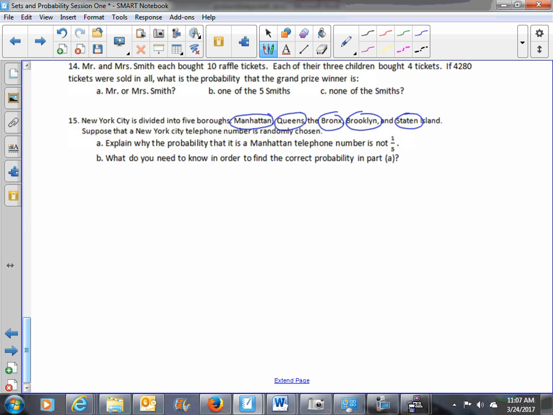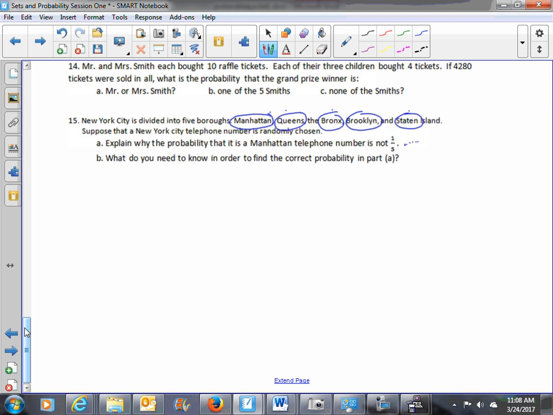But if there aren't the same number of phones in each of these areas, then it's not going to be 1/5, because there can be different numbers of phones in these different boroughs. In fact, it would be really strange to have it work out so that they were all exactly the same number in each borough.